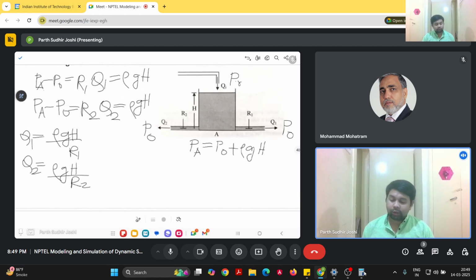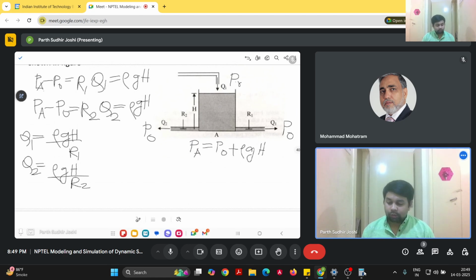Now we can apply the hydraulic capacitance equation.